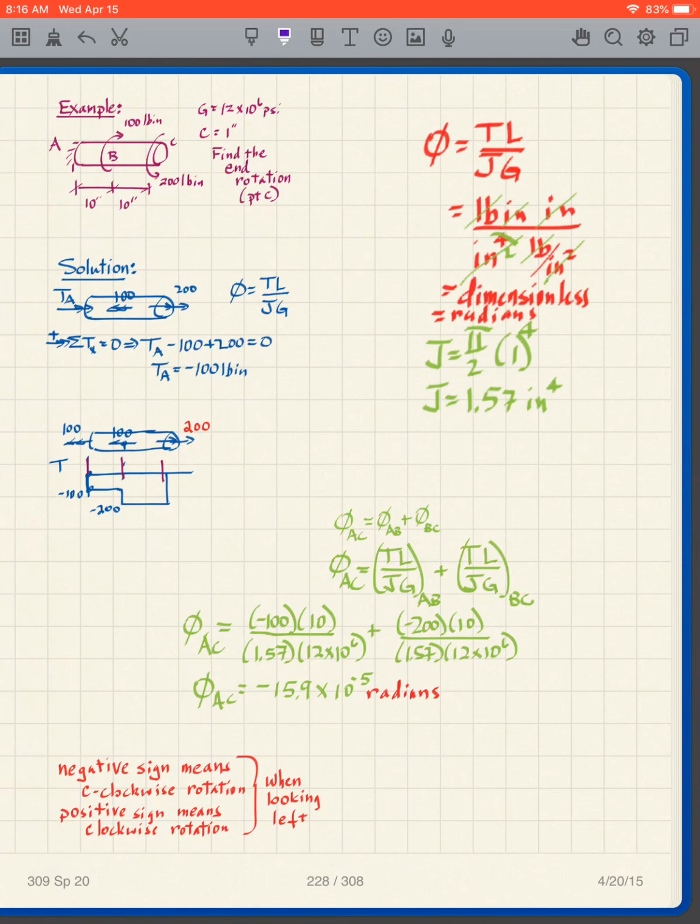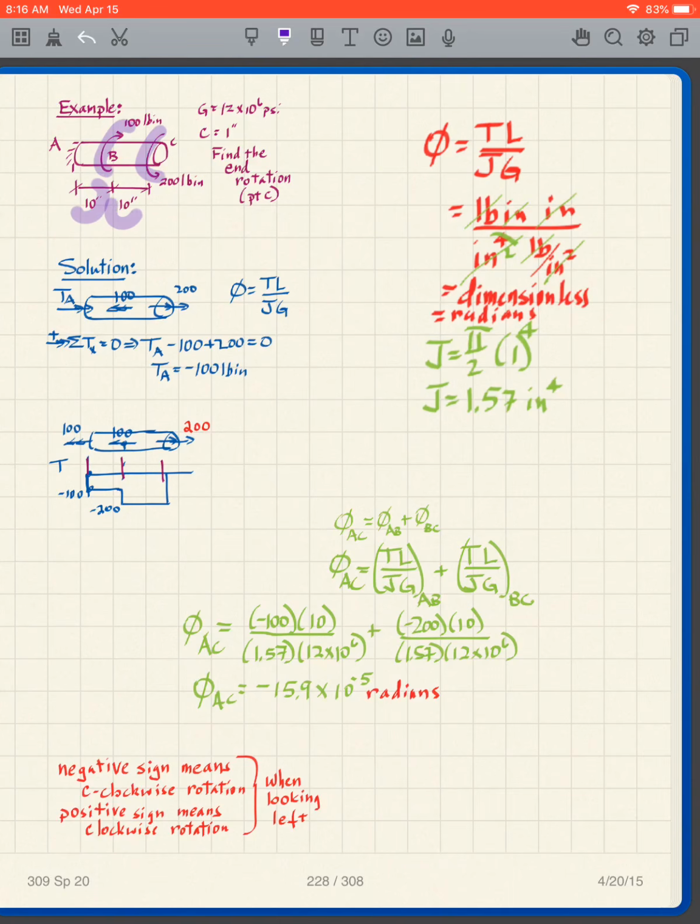The easiest way to understand what this is and how to use it is with an example. So I'm going to go back to the example that we already did. These are the properties. We have our cylinder mounted to the wall. I have 100 pound-inches there, 200 pound-inches there.